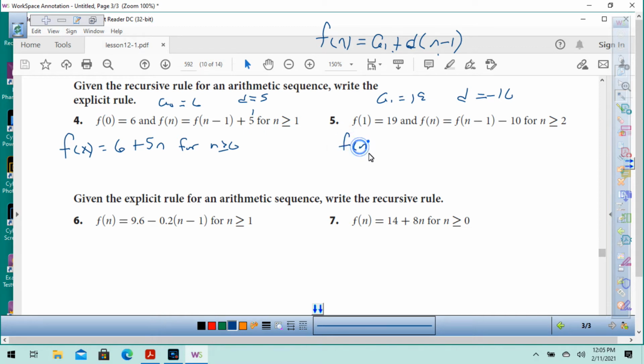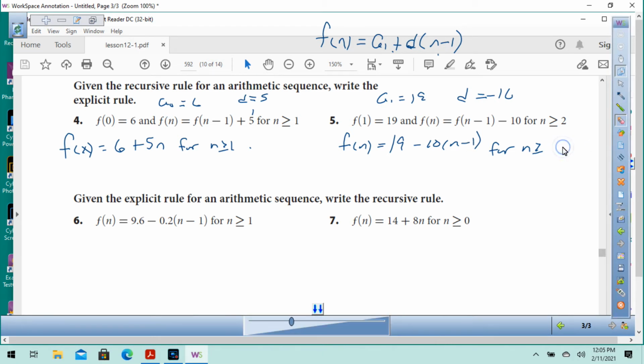So f of n equals 19 minus 10 times n minus 1, and that's going to be for n is greater than or equal to 2. And I made a mistake over here. I did not finish reading that. n is greater than or equal to 1. And there we go. No, I had it right.